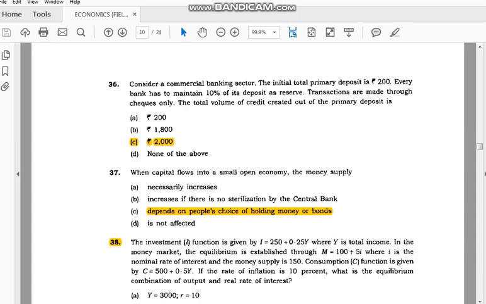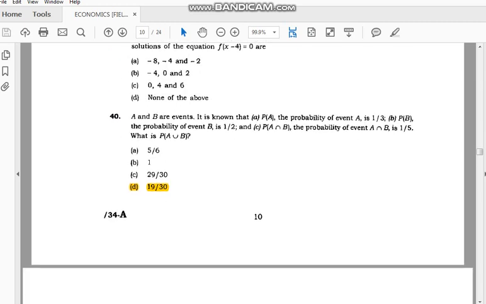Next is: when capital flows into a small open economy, the money supply depends on a choice of holding money or bonds. And next, A and B are two events. It is known that the probability of event A is 1 by 3, the probability of B is 1 by 2, and the probability of A intersection B is 1 by 5.